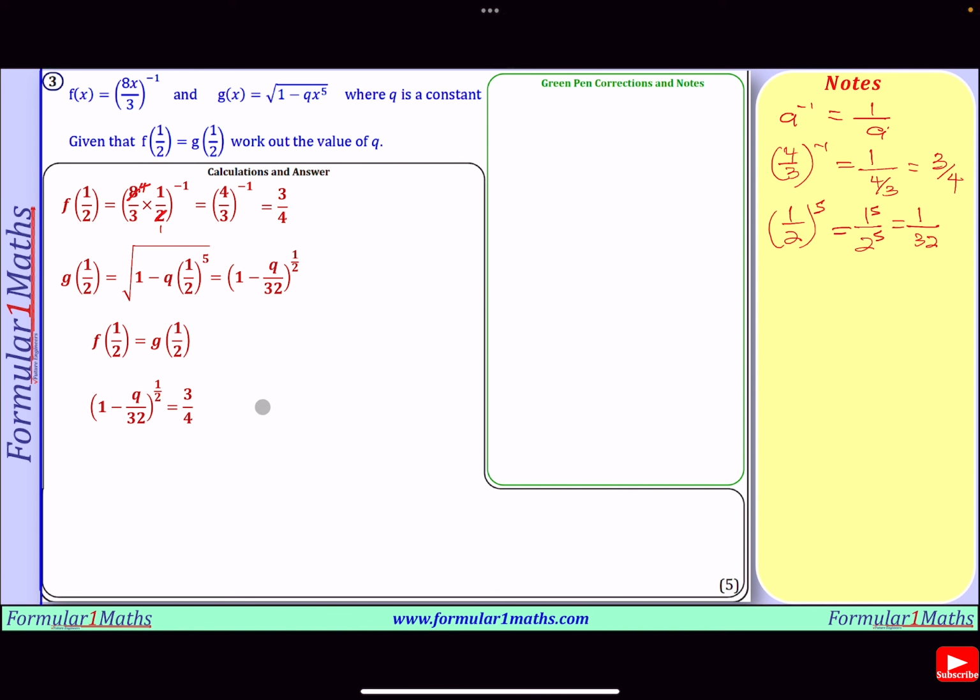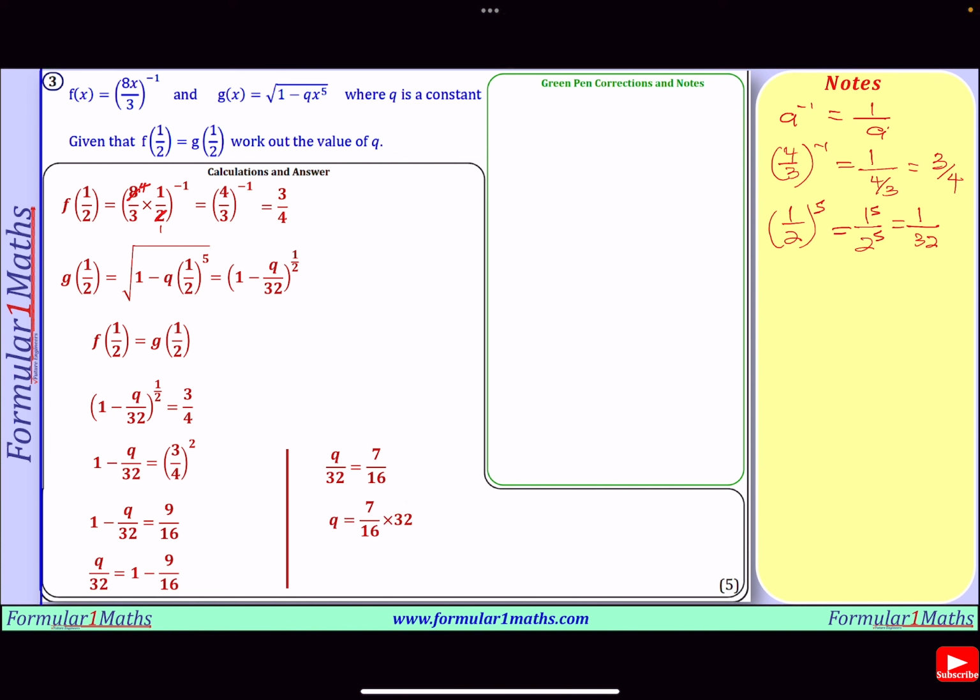If I do that, I'm left with 1 minus q over 32 on this side, and then 3 squared over 4 squared on that side. This will give us 1 minus q over 32 is equal to 9 over 16. Rearranging will give us q over 32 is equal to 1 minus 9 over 16. That means q over 32 is equal to 7 over 16, because 1 minus 9 over 16 is 7 over 16.